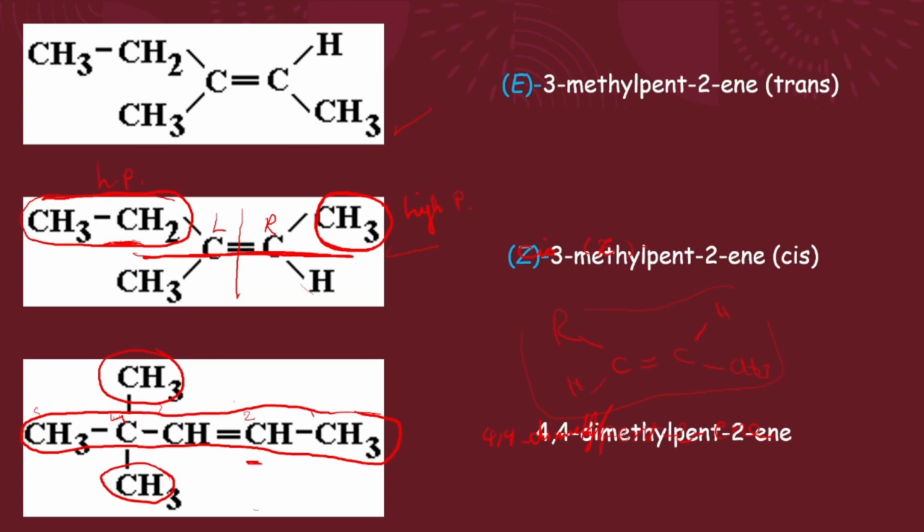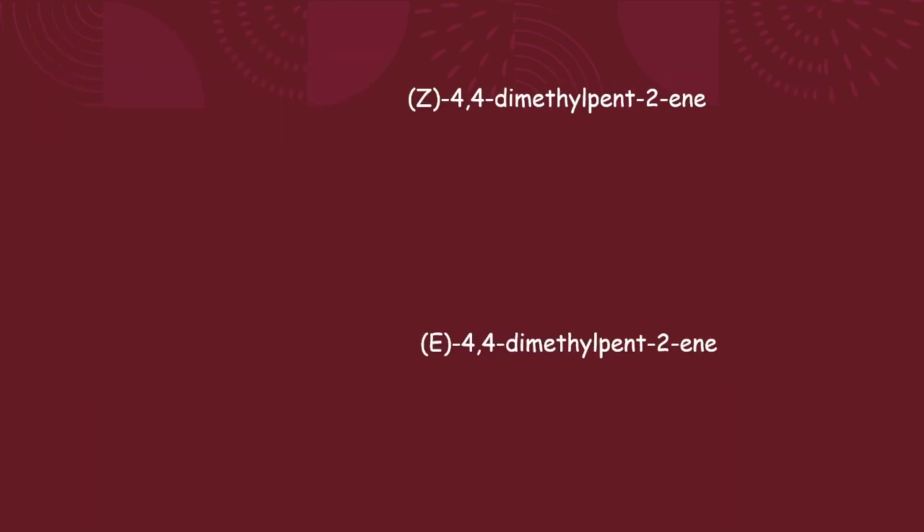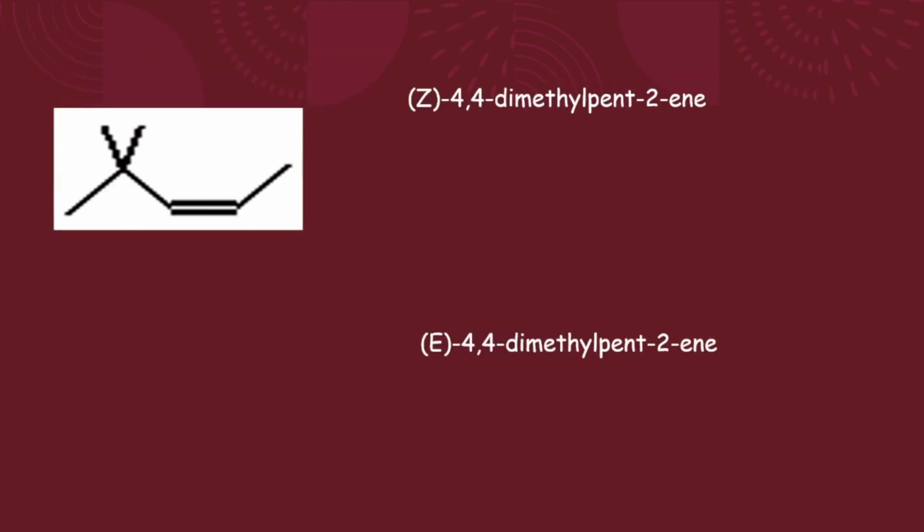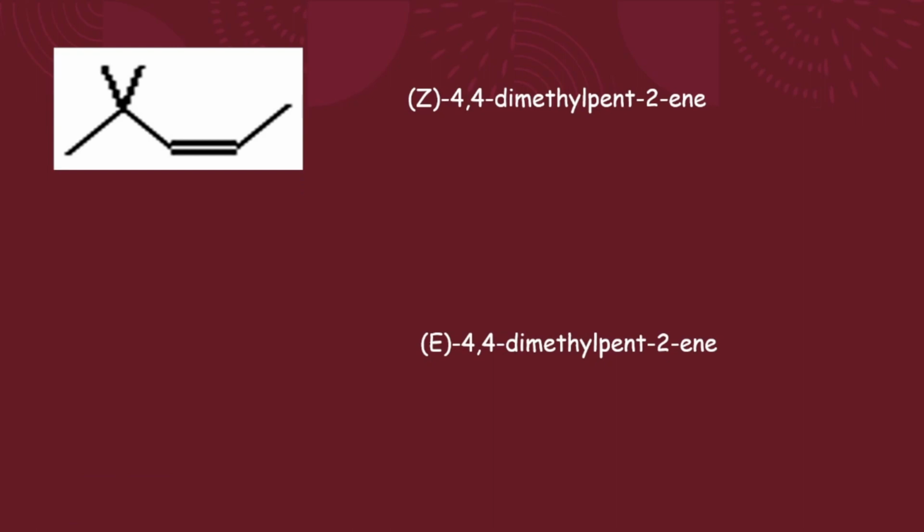Okay, let's go to the next examples. We have that one. If I would like to give it a name, I'm going to choose the longest carbon chain, which can be that one, for example. Now I have meth, eth, prop, but, and pent.